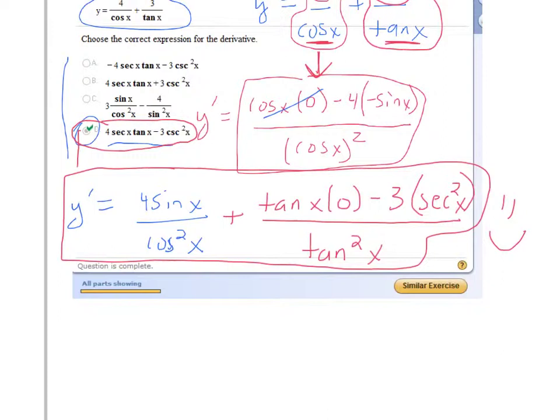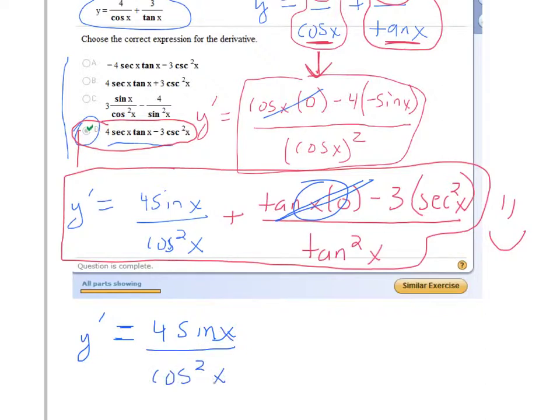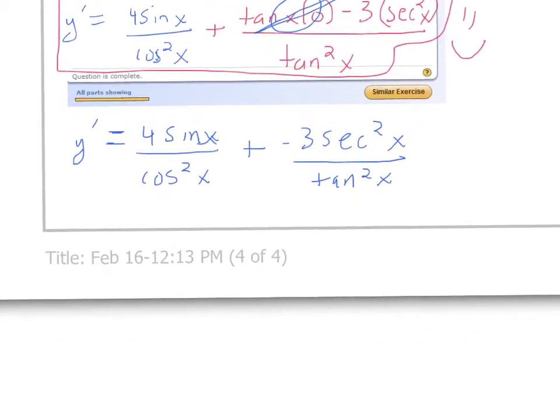All right, so tan x times 0, this part goes to 0. So at that moment, it's probably good that we practice together in terms of, gee, how do you clean up this lovely expression? So cos squared x plus, and here we have negative 3 secant squared x all over tan squared x. So what you do, I'm going to scoot this on down.